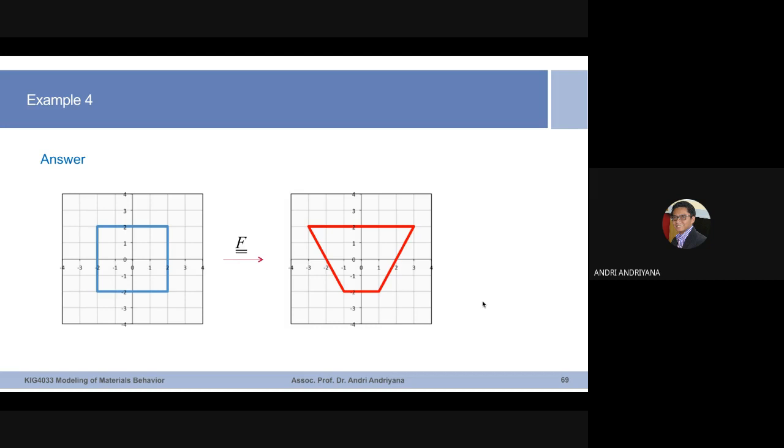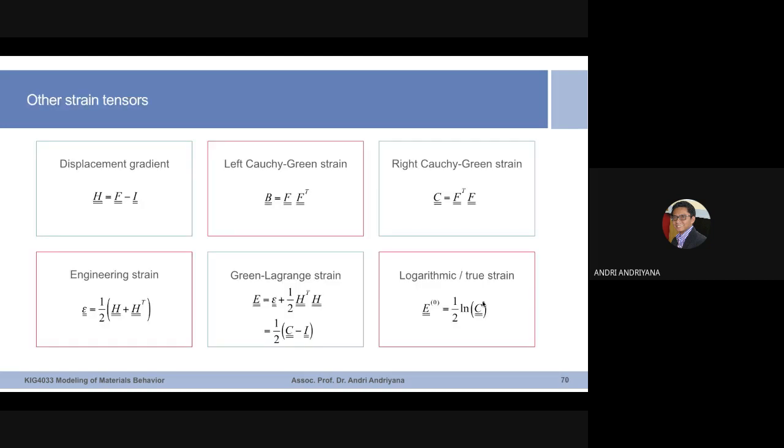This is to give us information on what we can do with it. Now, there are so many other ways that we can describe strain. We can measure strain when we deal with materials capable of undergoing large deformations. This time, I will not go into the detail of the meaning of each of these strains, which are called strain tensors.